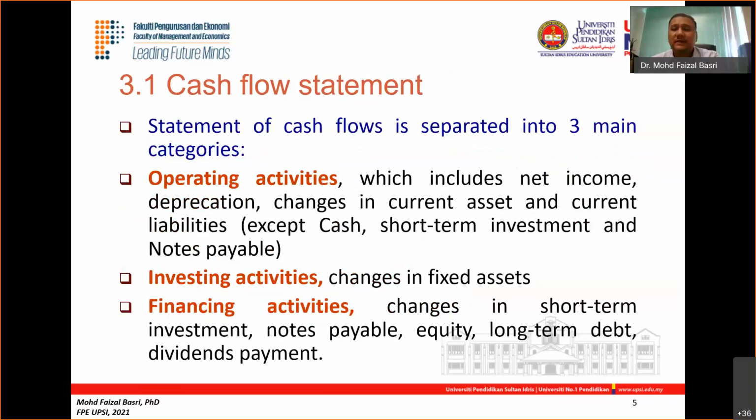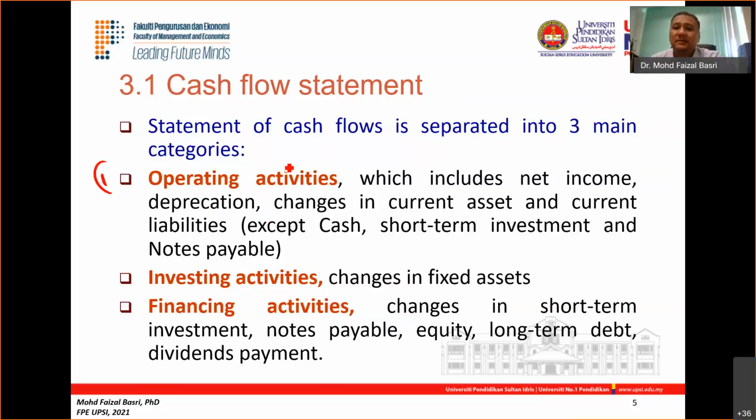So this will be the format of the cash flow statement. The cash flow statement is separated into three main categories. The first one is the operating activity, which comes in terms of the operations of the business or the firm.